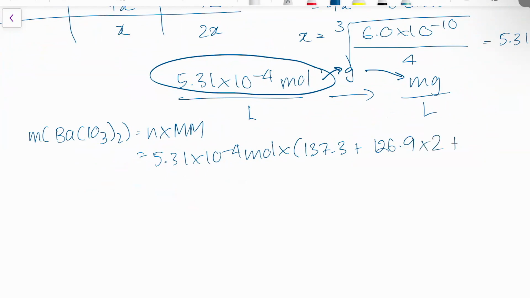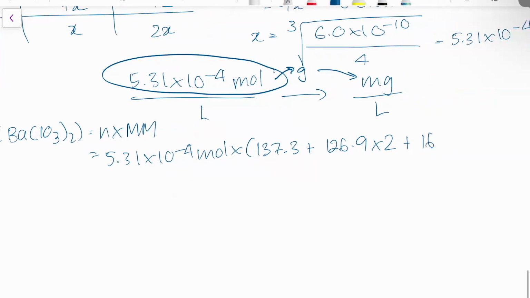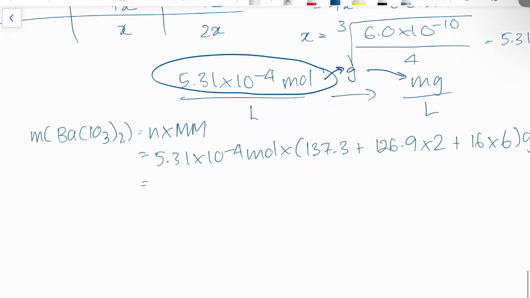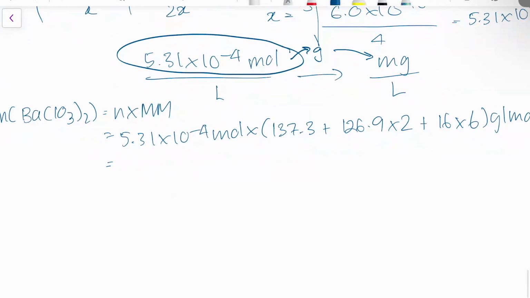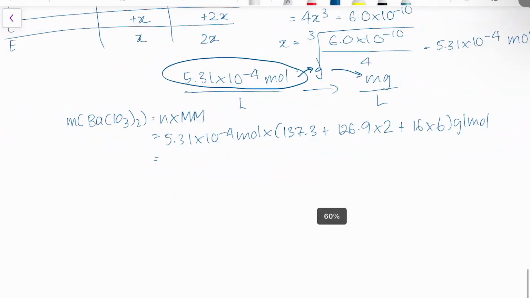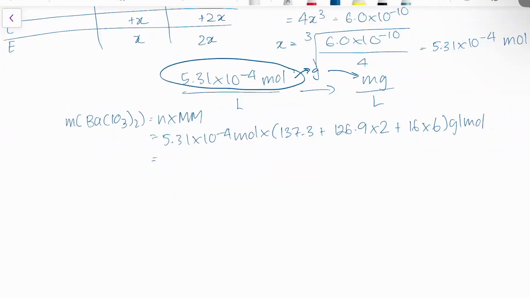And then oxygen, it's IO3 with a bracket 2. So there's already 3 oxygens and I'm timing it by 2, so that's 6 total. So 16 for each oxygen times 6 for the 6 number of oxygens. Okay, so pop this in the calculator carefully because it's a big molar mass calculation. What mass for barium iodate do I get?